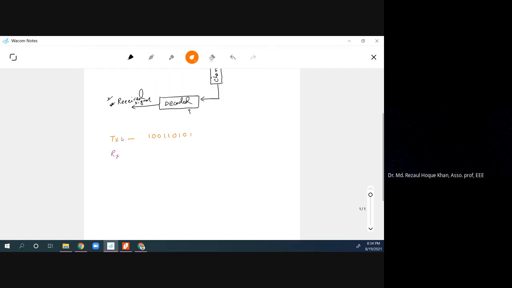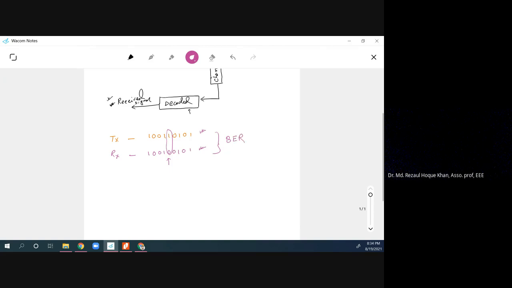Then the received message is 100100101. You can clearly see that an error occurred here. This is the transmitted signal, the same signal we were supposed to receive, but we received this signal. One bit error occurred here, which we actually express by our bit error rate.